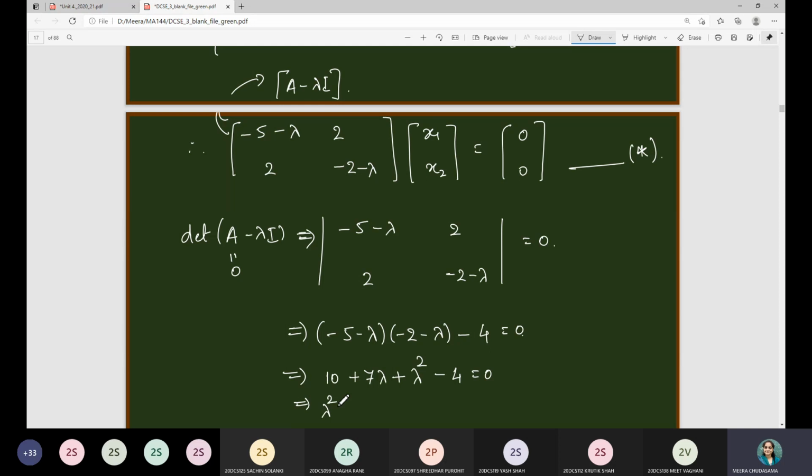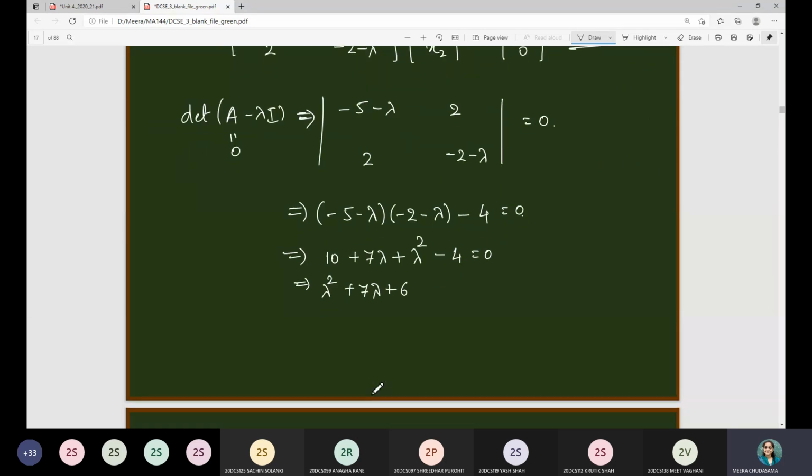So now I can write the polynomial lambda square plus 7 lambda plus 6. That is a polynomial in terms of lambda. Since a 2 cross 2 matrix is given, it is a quadratic polynomial, and if it is equal to 0, then this is called the characteristic equation of the given matrix.